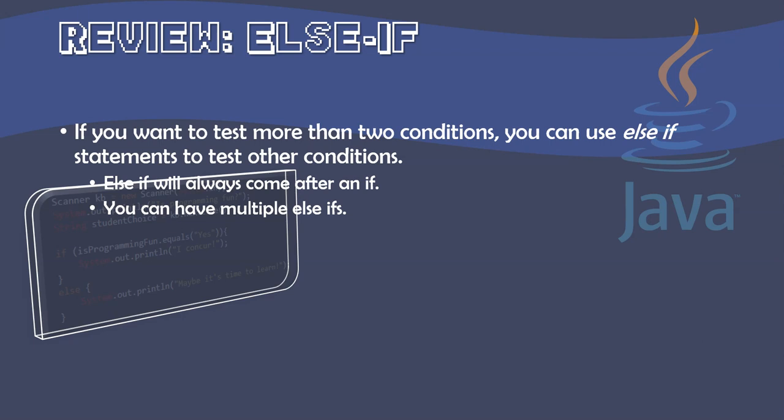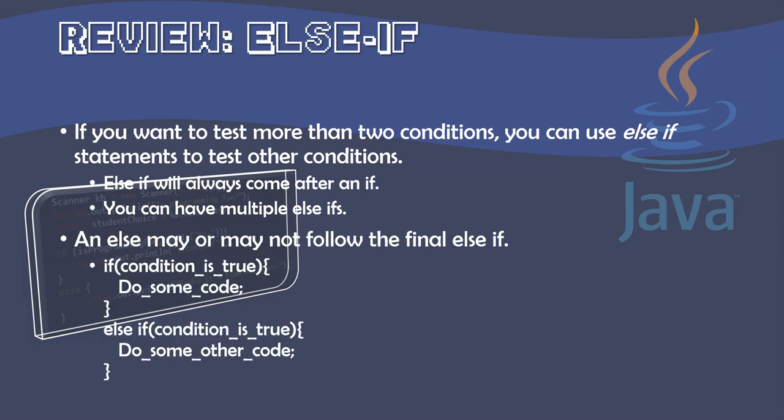But one of the awesome things about else if is that we can have multiple of them. So it allows us to easily test multiple conditions. And an else may or may not follow that final else if. So you could have an if, an else if, an else if, an else if, and you would never necessarily need an else. Because remember, else acts as a catch-all. If you aren't looking for that bucket response or a scenario where an else would be handy, you may not use it.